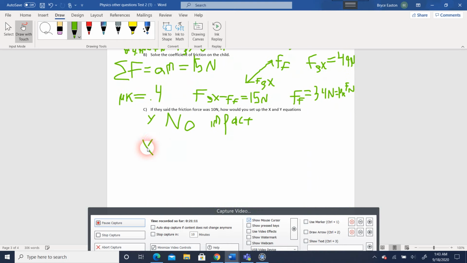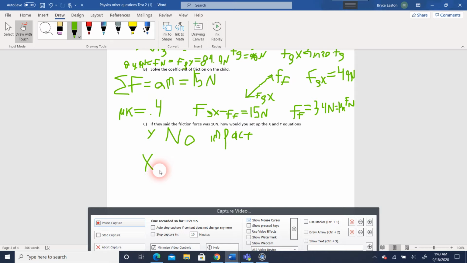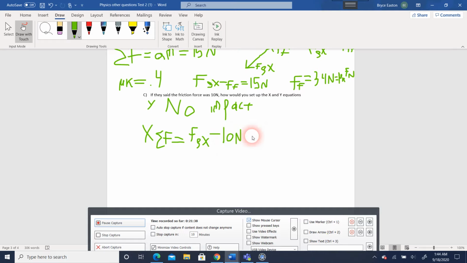So in the x direction, we can say that our total force will now be equal to Fg of x subtracted by 10 newtons, and that would be the real impact.